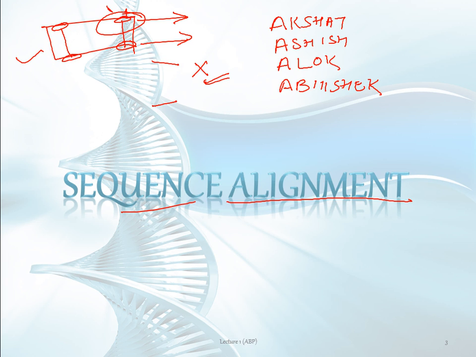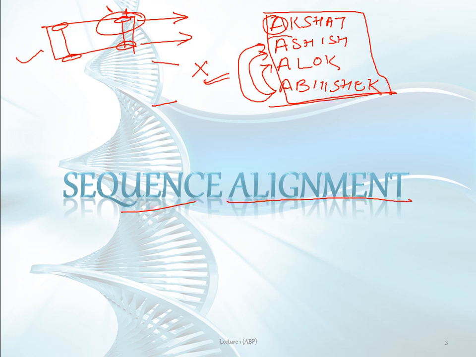On the basis of the sequence, I have to select which one is closely associated with me. Here we see that in Akshat there is A, in Ashish there is A. So A is common, and only one is common.